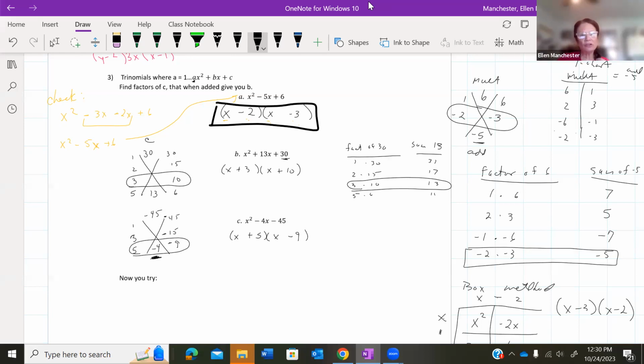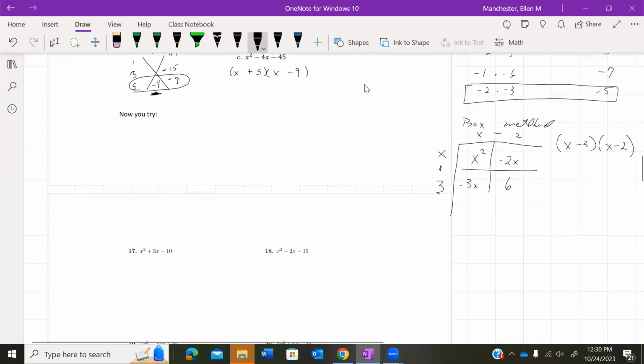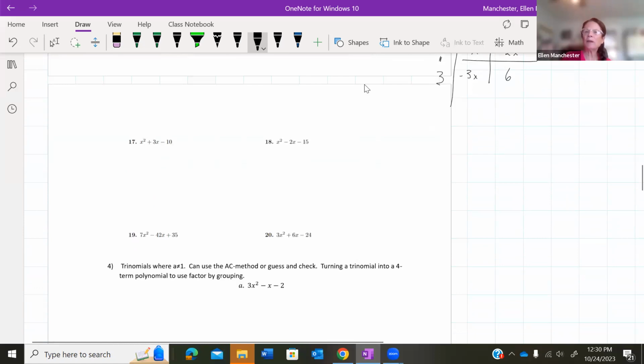Okay, and then again, you can use FOIL, multiply it out, and it will take you back to the original function. Okay, so any questions on that? No. Okay, now you try. Just pick one, just to save time. 17, 18, 19, or 20.